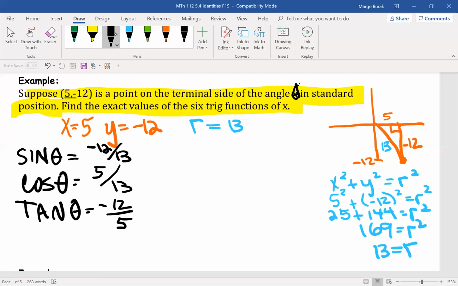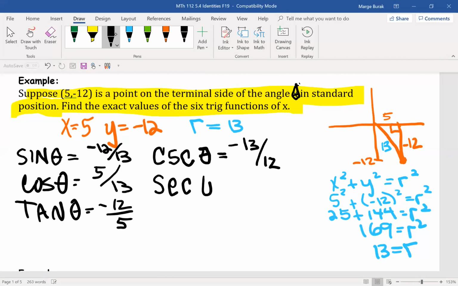And then the other three are just the reciprocals. Sine starts with S, and the reciprocal, how I remember, starts with C. So that's cosecant of theta, and we just flip that, -13 over 12. Cosine starts with C, the reciprocal starts with S, so that's secant of theta, and that's going to be 13 over 5.